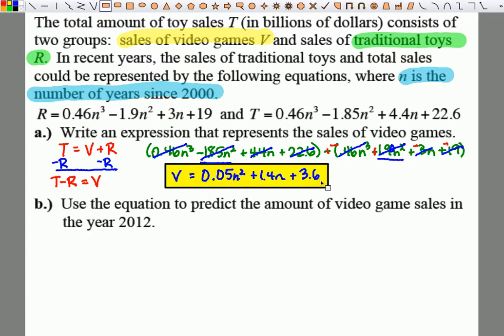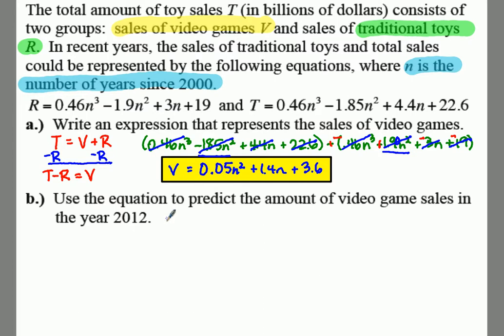For part B, we want to use this equation right here to predict the number of video game sales in the year 2012. Since n is the number of years since 2000, if we take 2012 minus 2000, that means n is going to be 12. We're going to plug this 12 into our equation where we have our n's.